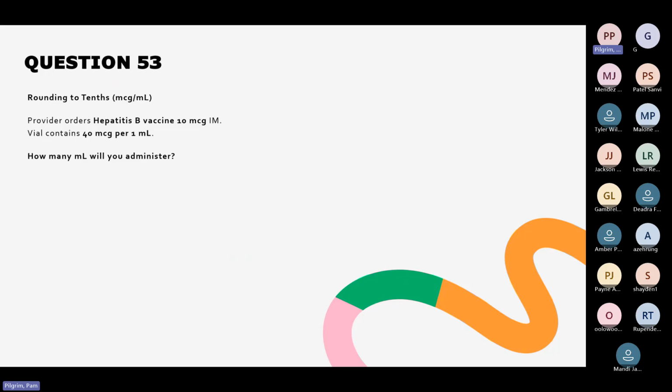But we'll go through the actual way this was solved. So step by step, 1 mL equals 40 mcgs. You want 10 mcgs. So you're solving for X mLs. So you have to take the 10, multiply by 1, and divide by 40. So you're going to be administering 0.025 mLs.